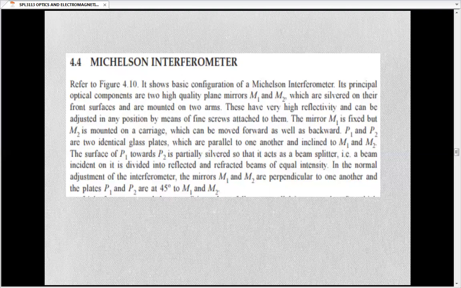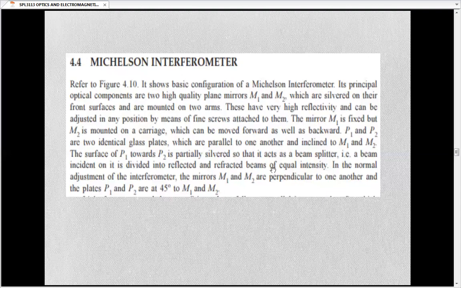But for this lecture, I just want us to focus on the Michelson interferometer, what it is about, and how interference is caused, and probably the applications of the Michelson interferometer. So in this interferometer, there are certain important optical components that are used.